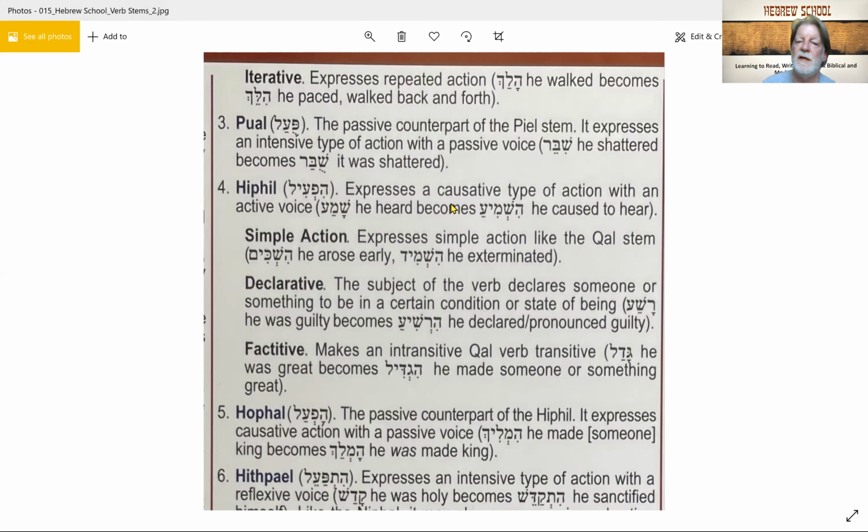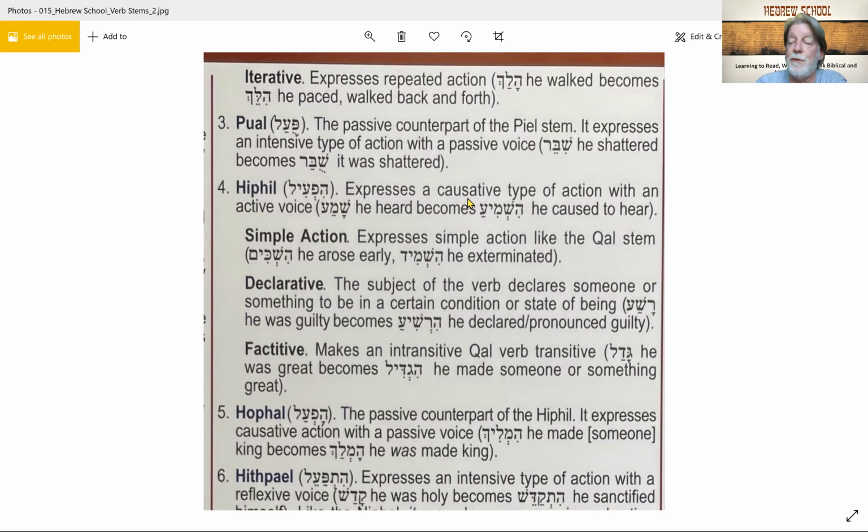And hifil is causative. So in other words, a basic sentence would be Bob walked. If it's hifil, it would be something caused Bob to walk, or Bob caused something to be done.